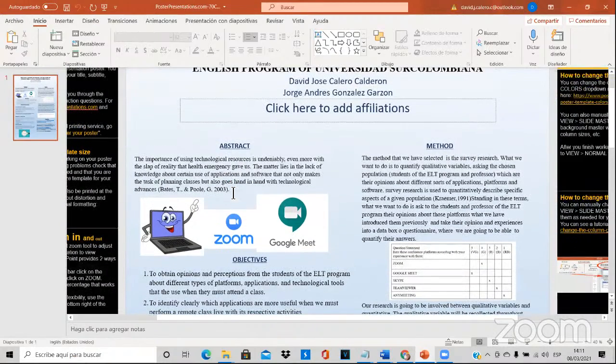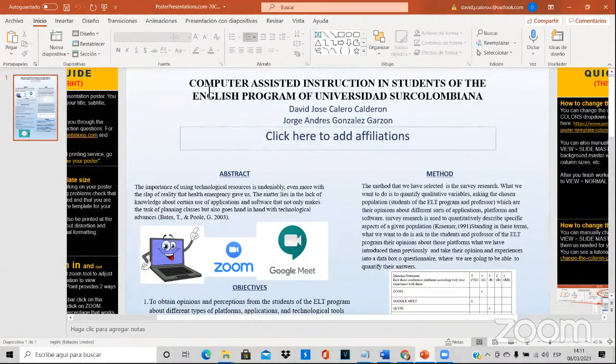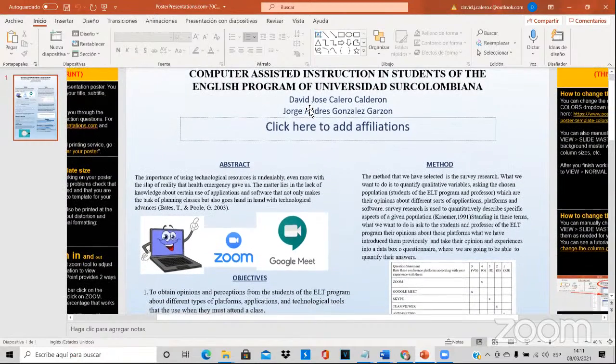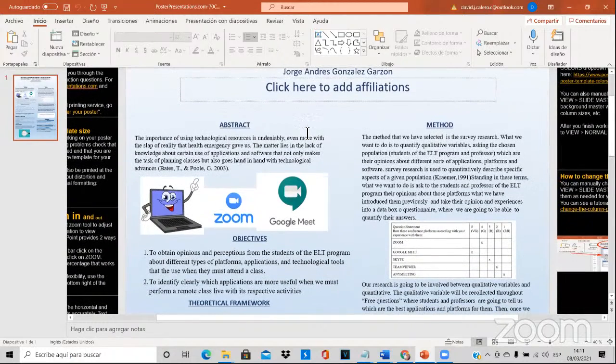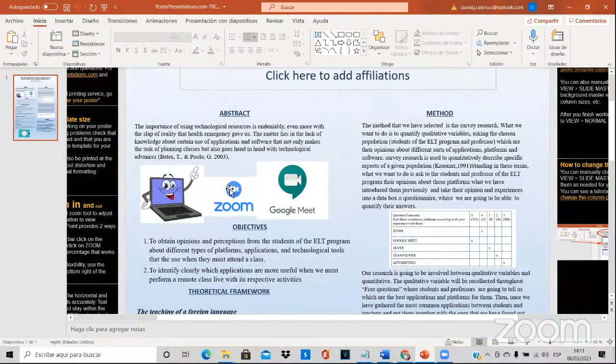The title that we assigned to this poster was Computer Assisted Instruction in Students of English Program of Universidad Surcolombiana. So as I was saying, the poster is composed by the abstract.